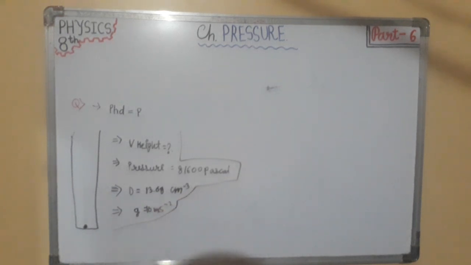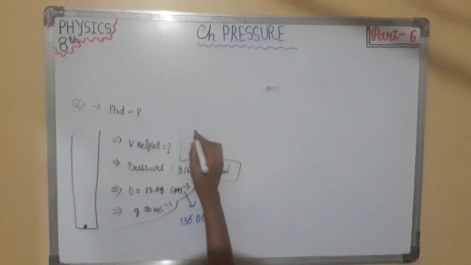Before that, the pressure is given in Pascal, so we should convert this gram centimeter raised to minus 3 to kg meter raised to minus 3, so it will become 13600.